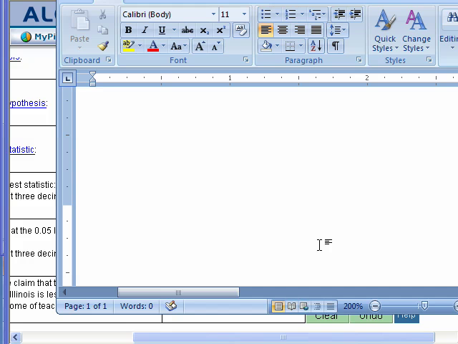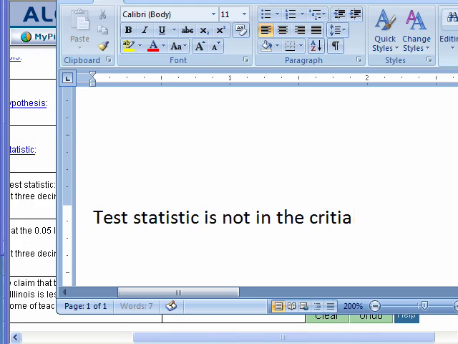So again, I've now opened up Word so that we can capture what's going on. We see that the test statistic is not in the critical region.